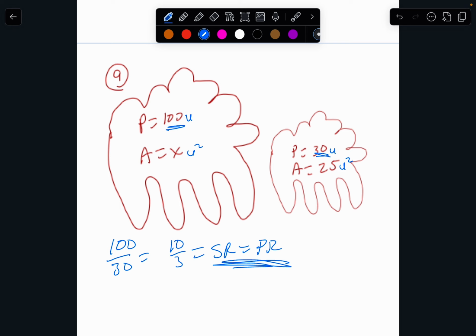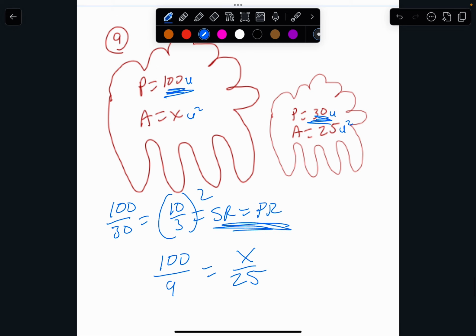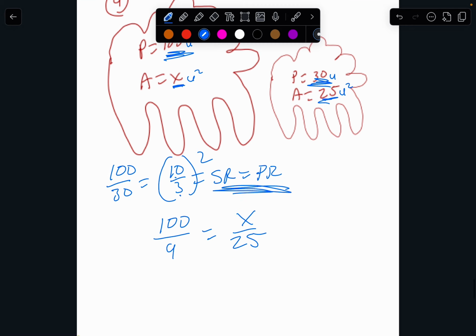So how do we get the area? We have to take this ratio and square it, 100 over 9. And now we can set up a proportion for the area. Now I did big over small. I did left over right, so I need to keep doing left over right. So 100 over 9, when I square those, 10 squared over 3 squared, equals left over right, x over 25.